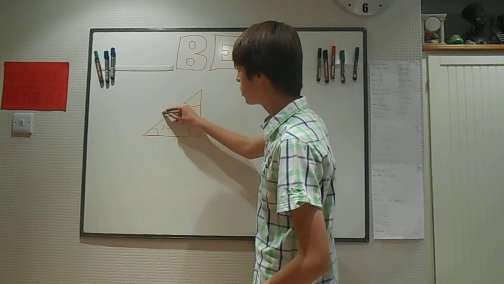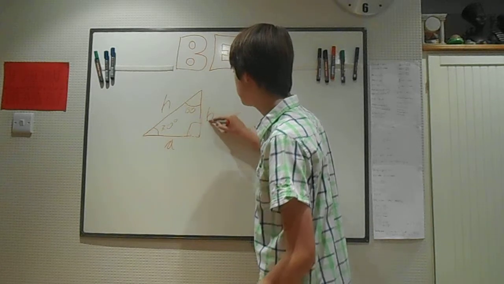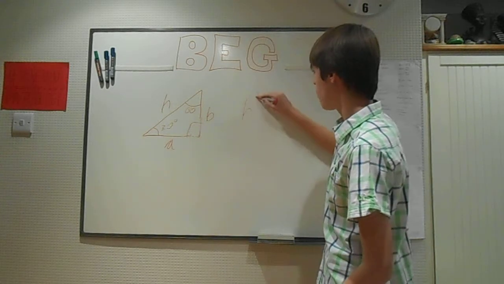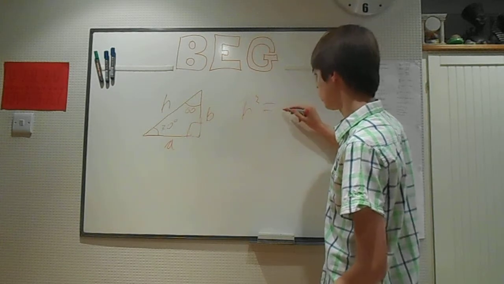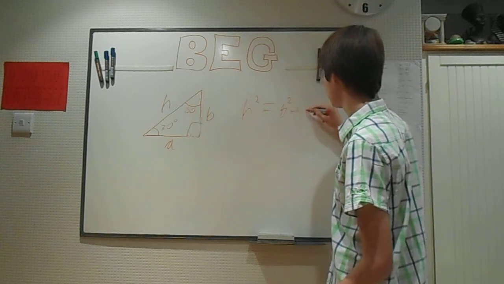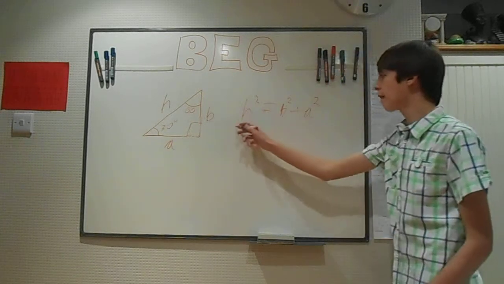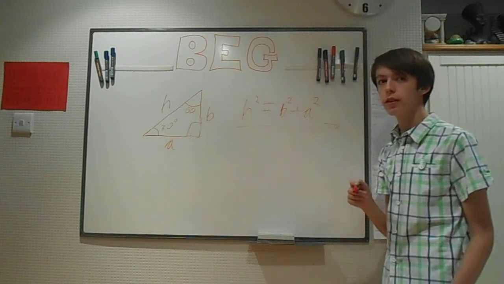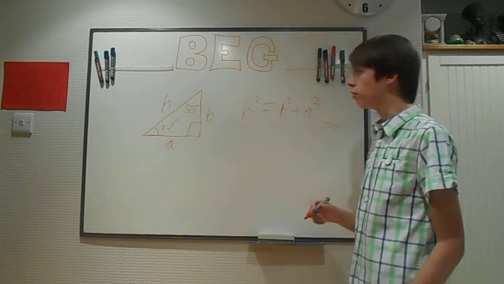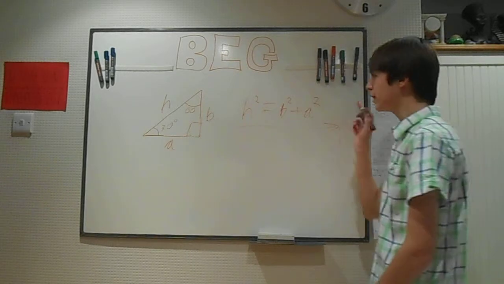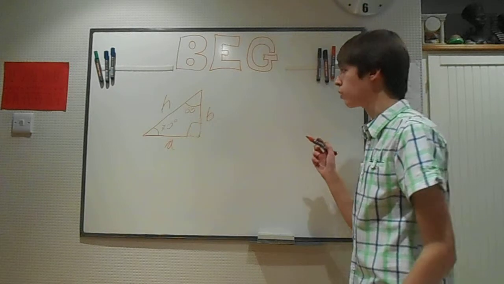So if we label the sides H, A and B, H squared equals B squared plus A squared. That is Pythagoras' theorem, and that is something you need to know for GCSE and also beyond GCSE if you're going to go beyond GCSE. This is essential. However, it only works in right angle triangles.